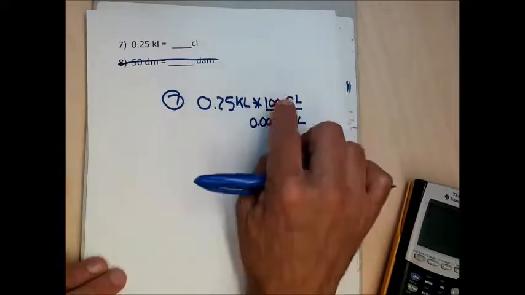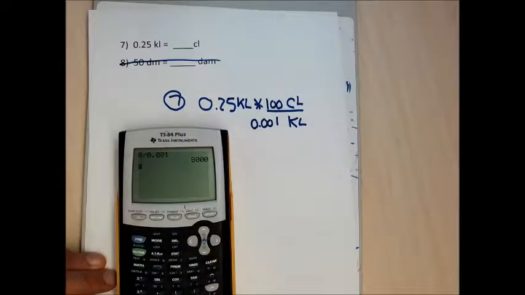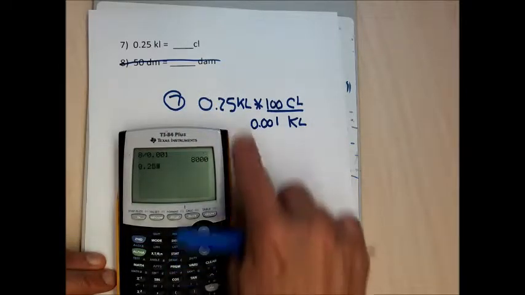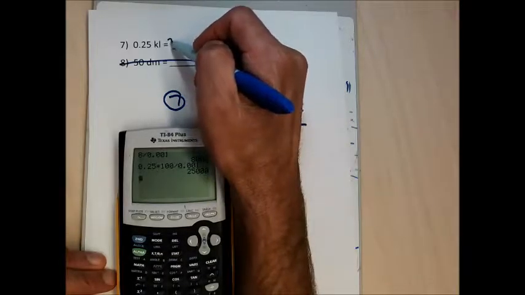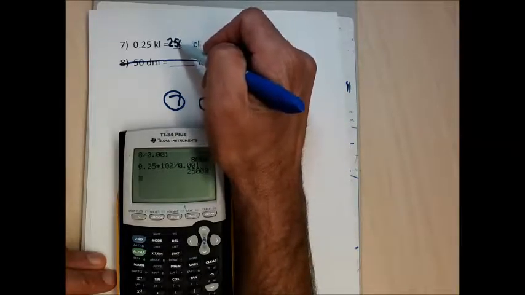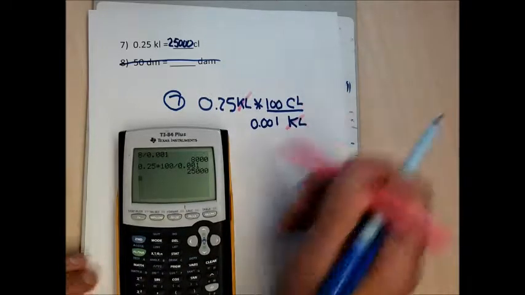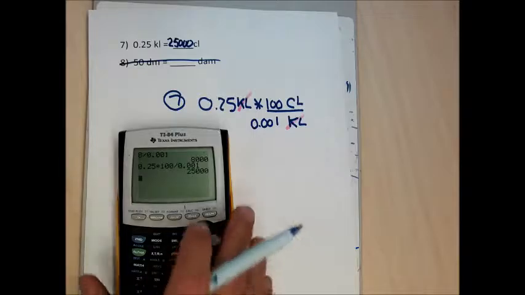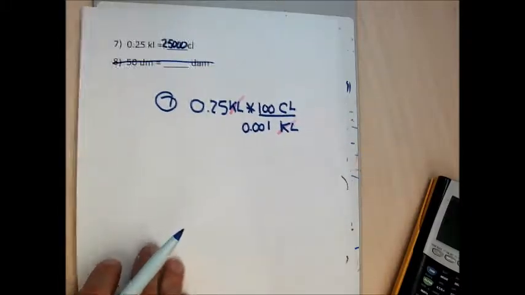I'm going to multiply by the 100 and divide by the 0.001. So I'm going to go 0.25 for that, and then times 100, and then divided by 0.001. And the number that I'm going to get is 25,000. And the units I'm going to get are the centiliters, because the kiloliters are going to cancel. I'm going to double check that I haven't messed up on number 7, and I see 25,000 centiliters, so I know I did perfect.